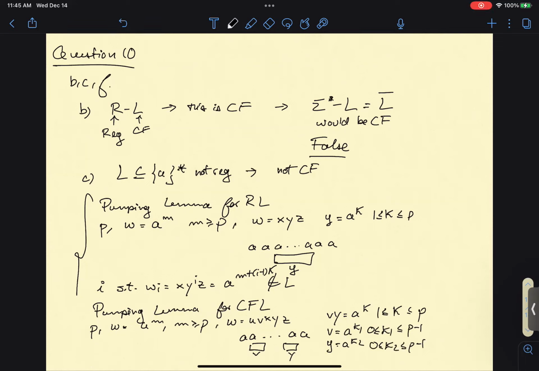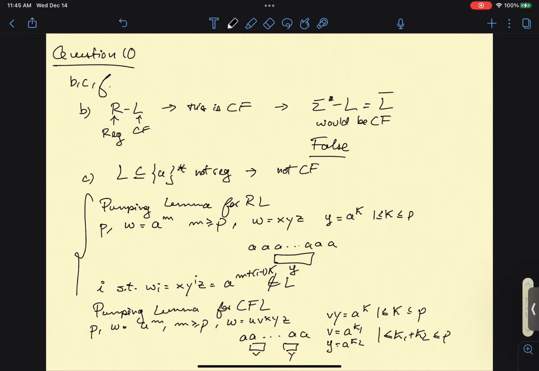Is that right? Well, no, actually that doesn't make sense. It's more like K1 plus K2 less or equal to P. You can't really say anything about K1 and K2 individually.